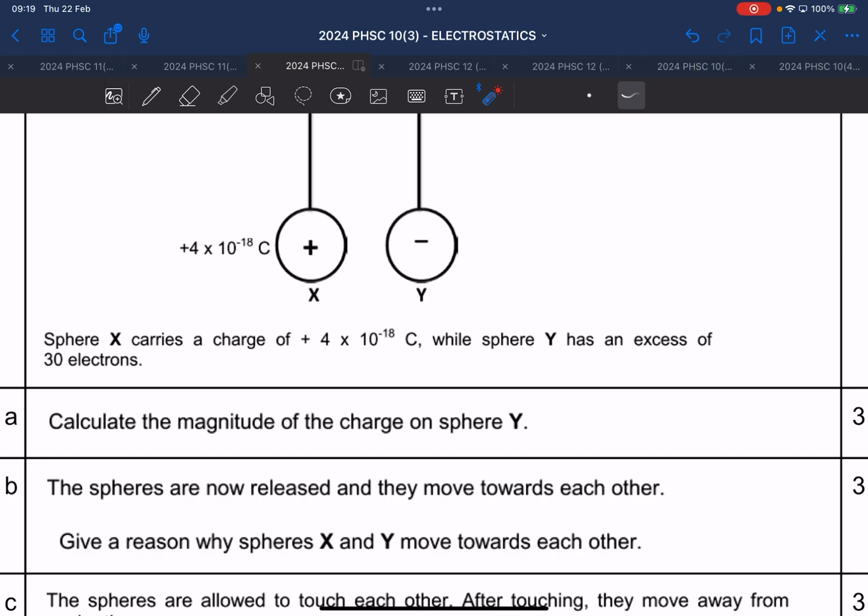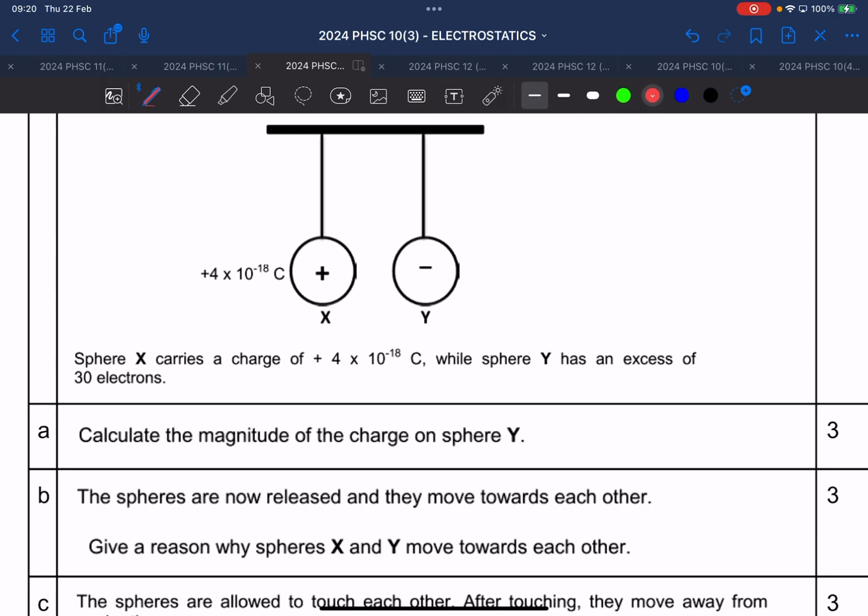Calculate the magnitude of the charge on sphere Y. So magnitude has 2 meanings. The one that we're looking at is size. So the amount, the amplitude, the extent, the mass. So when they say calculate the magnitude of the charge, we always use in science the word magnitude. It means the size of the charge. How big is the charge?